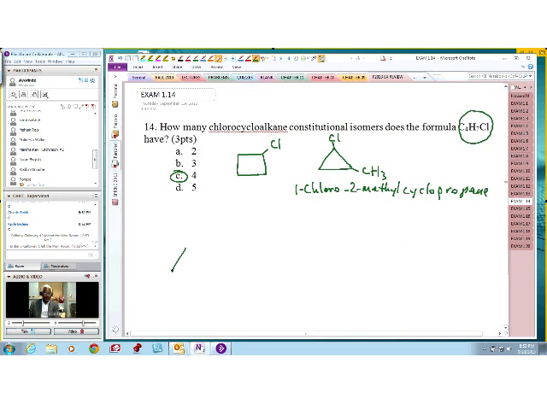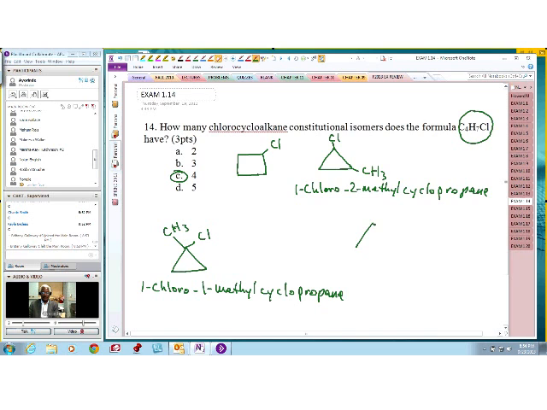We could also have this, and this will be 1-chloro, 1-methylcyclopropane.